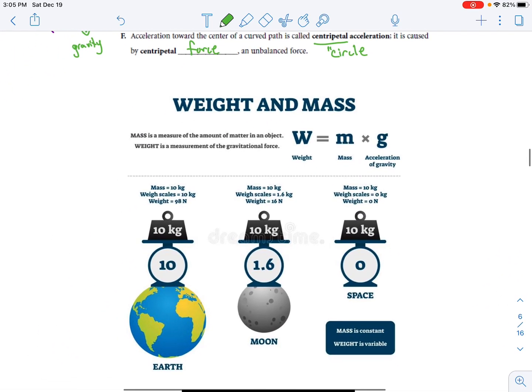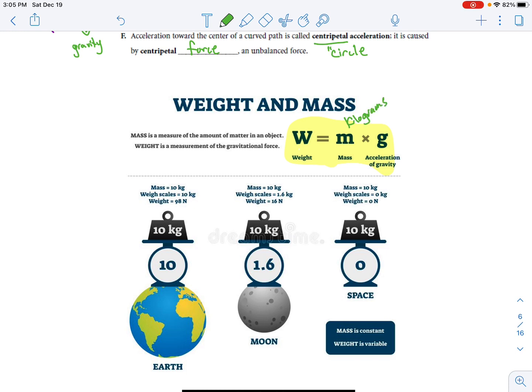This first one here, if you're going to do some math problems later to calculate the weight and mass of things, this is the math formula for that. Weight is whatever your mass is times gravity. Mass, we're always going to measure in kilograms.